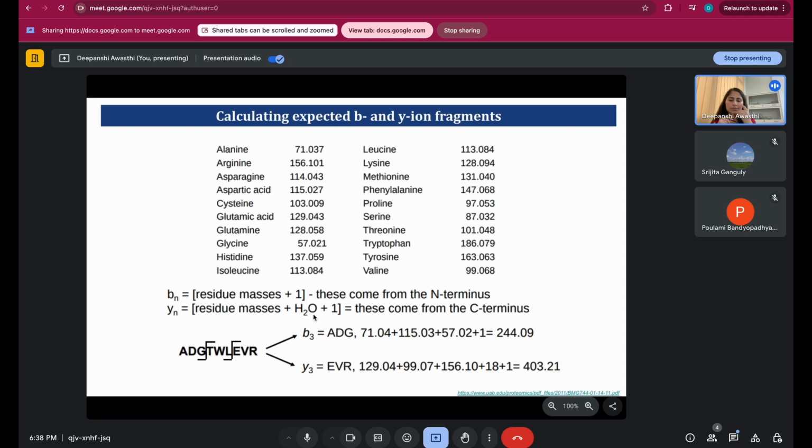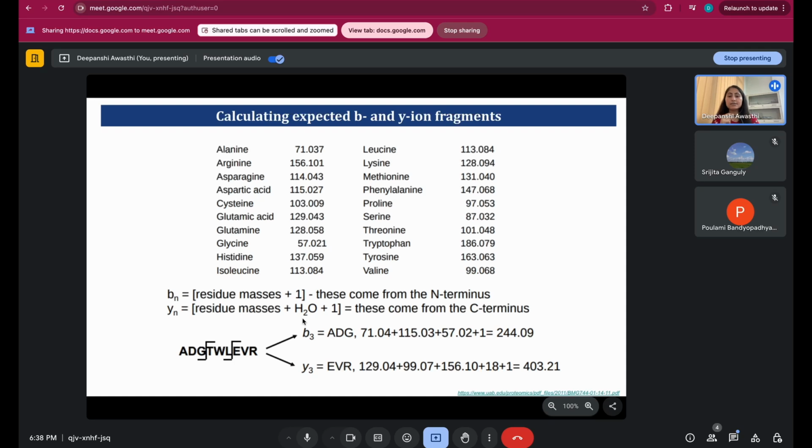You have seen that whenever a Y type ion comes, you subtract 19 from it to get the residue mass of the amino acid, because the ion also contains the water and one charge. In that way we identify the residue which is present.